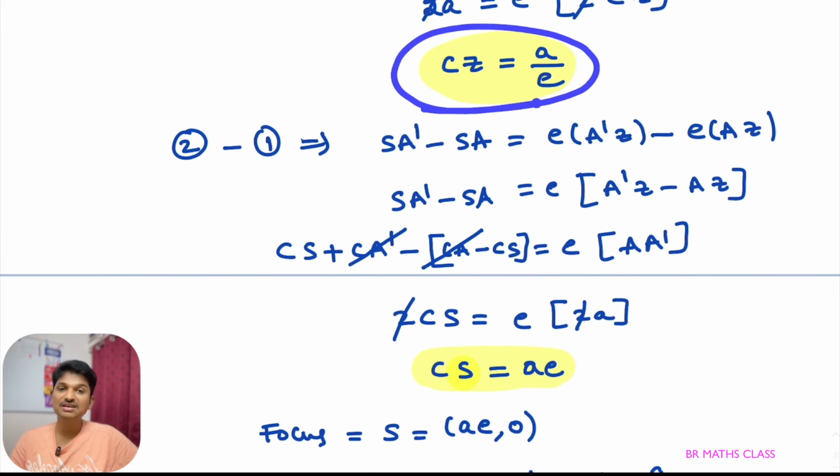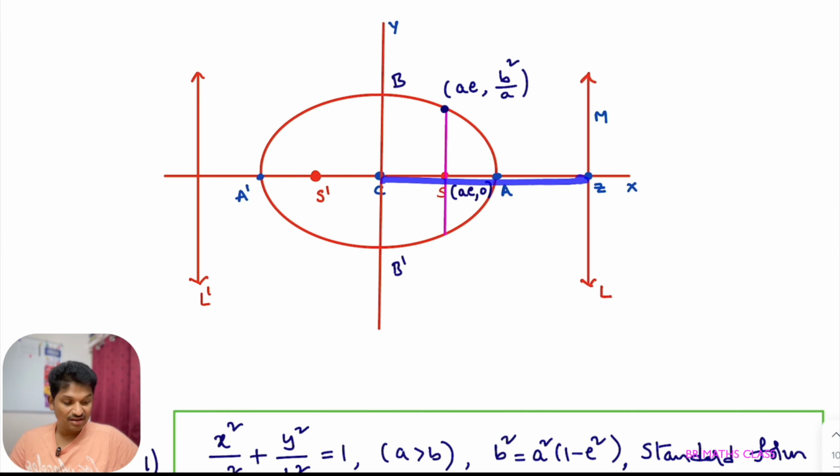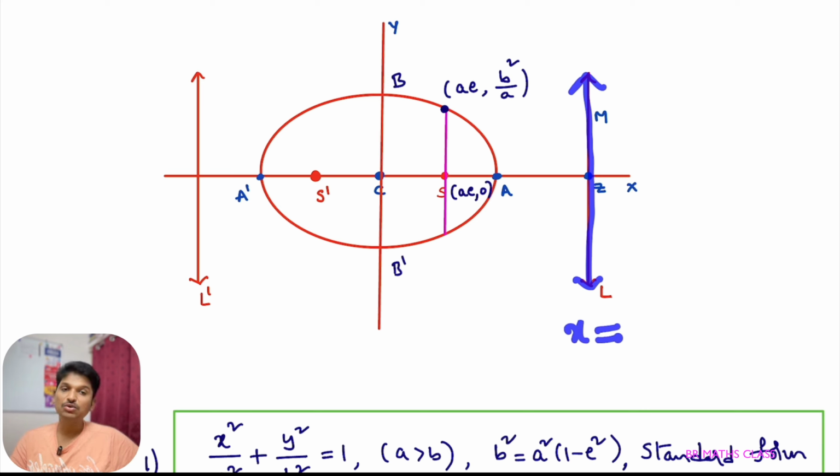Look here, CZ is a by e. As this line is parallel to y-axis, its equation always starts with x equal to. And how far is it? What is this length? This length is a by e. So the equation of directrix is x equal to a by e.